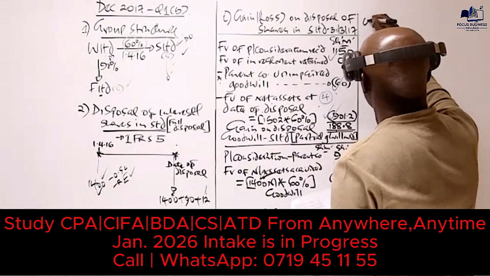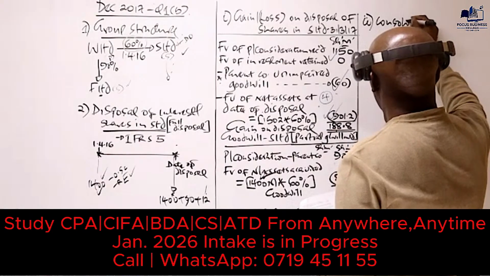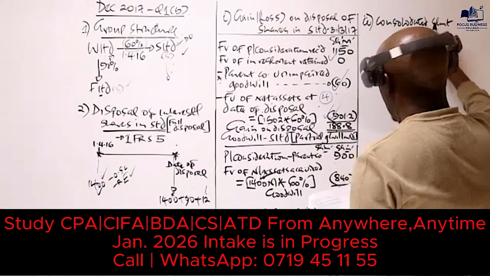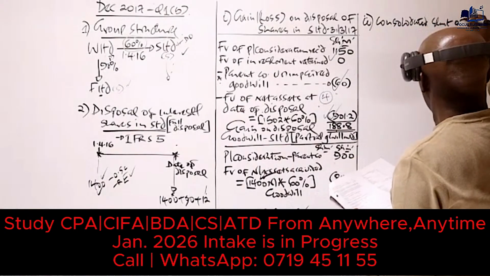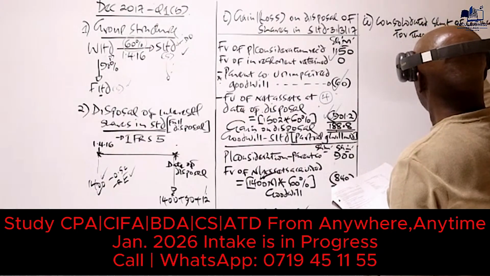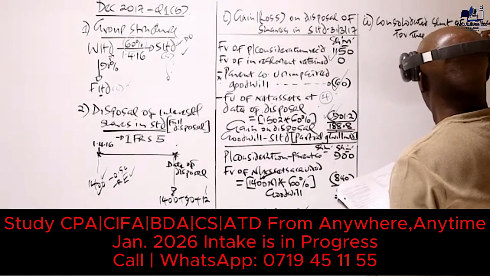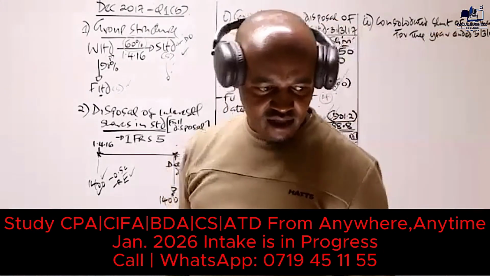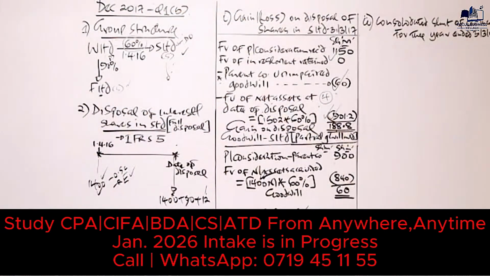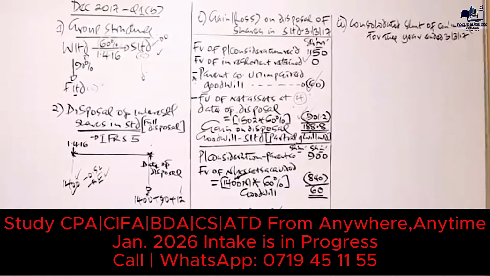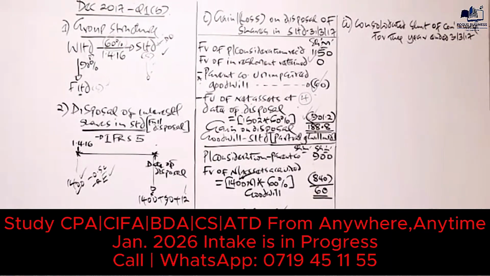Roman 2, the consolidated statement of comprehensive income for the year ended 31st of March 2017.